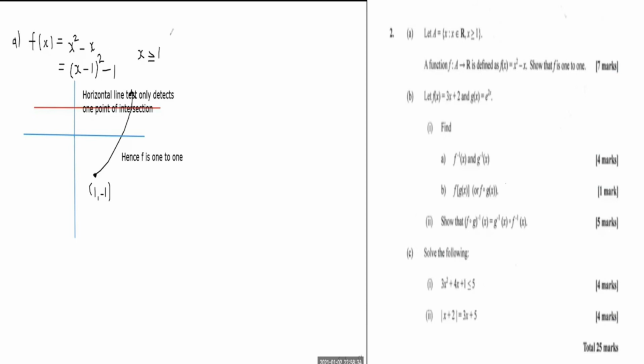Now let's look at part B. Part B says f of x is defined as 3x plus 2 and g of x is e to the 2x. Find f inverse and g inverse.